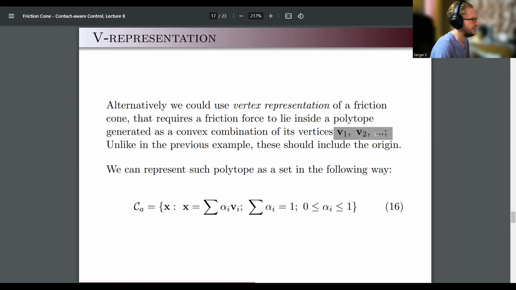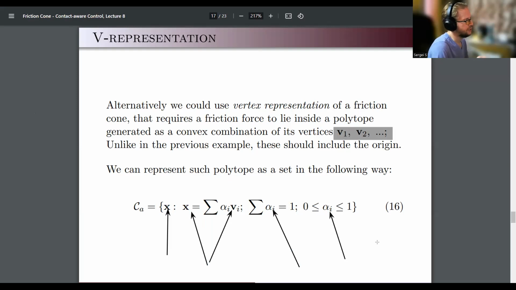No, it's not just vertices on the level set. It includes the origin. In set notation, it means all x such that x is equal to a linear combination of the vertices, where the coefficients of the linear combination sum to 1 and are between 0 and 1. This is called a convex combination, and you have already seen it.